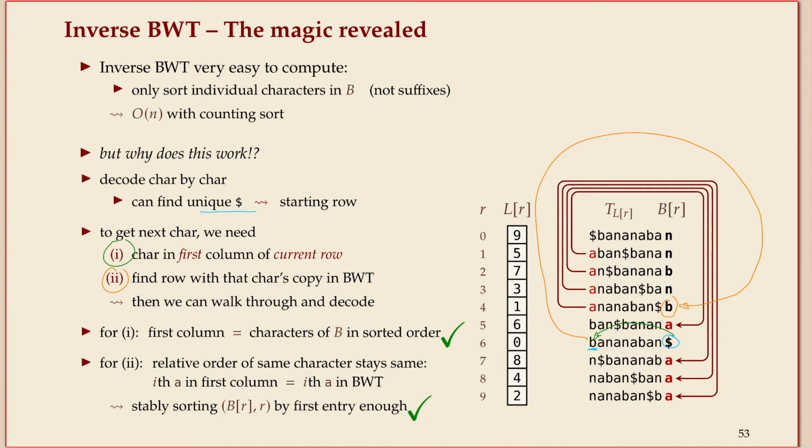Switch to green again. How can I get the characters in the first column? Well, that is actually easy. If you look at these characters in the first column, they are just all the characters in the BWT in sorted order, right? The dollar first, then all the A's, then all the B's, all the N's. That I can obtain by just sorting the BWT as if it was a list of characters.